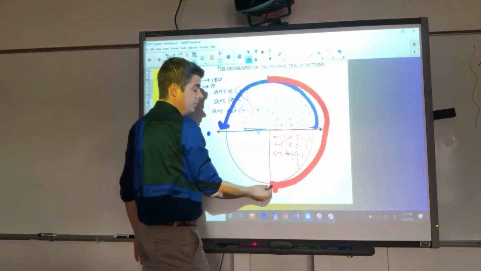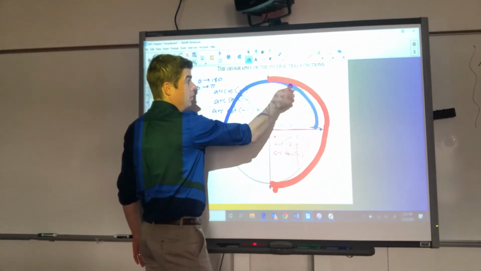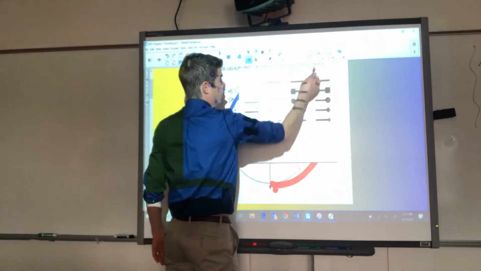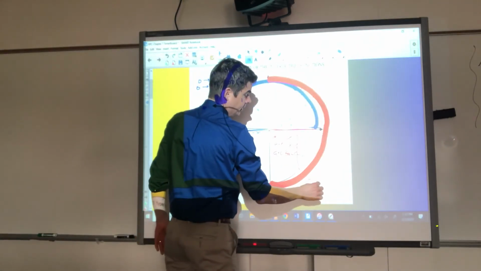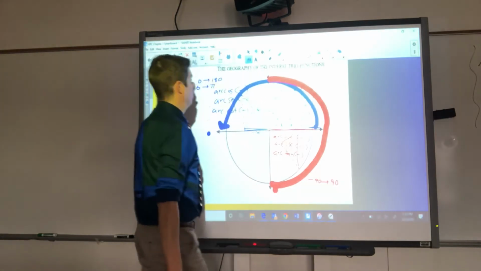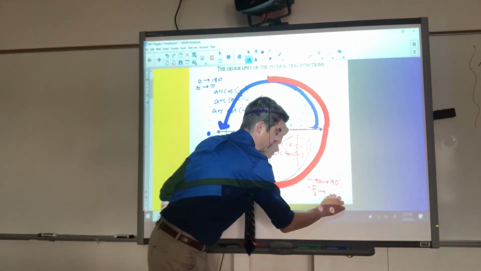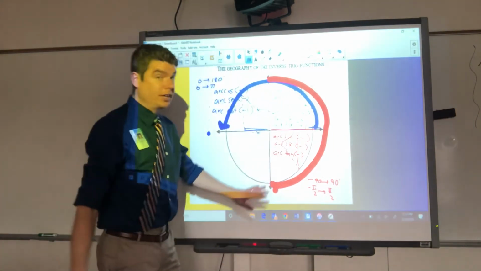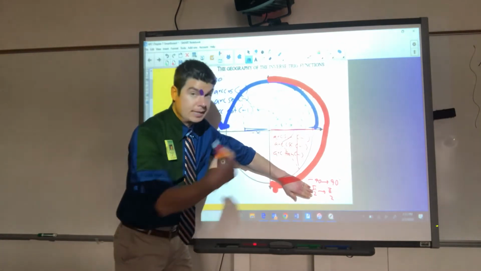That's the continuous interval, from negative 90 degrees to positive 90 degrees, or from negative pi over 2 in radian mode to positive pi over 2. So that's the difference.